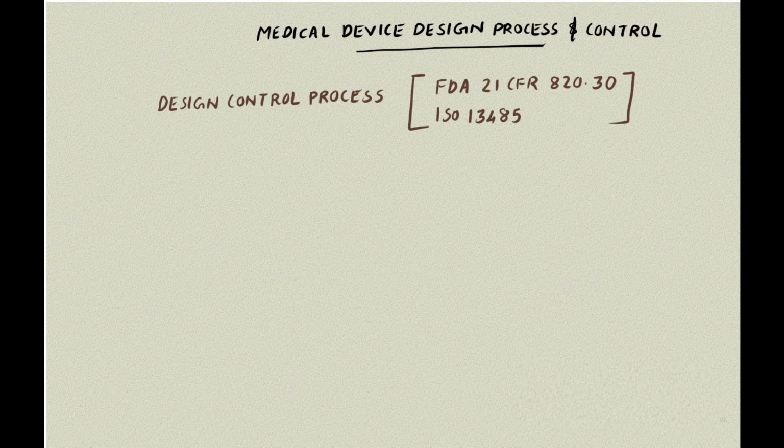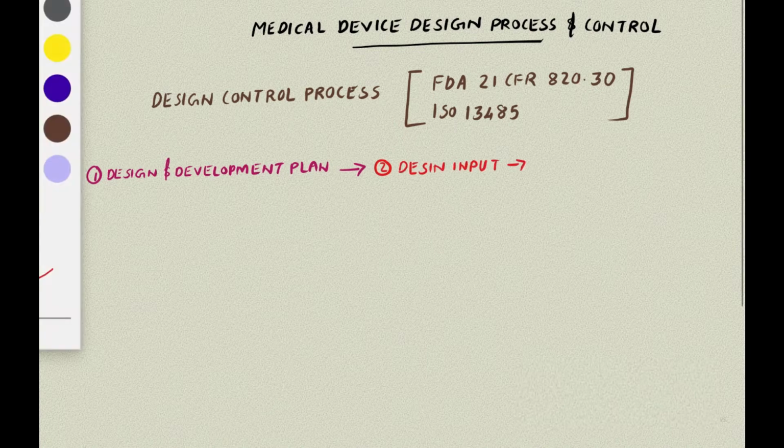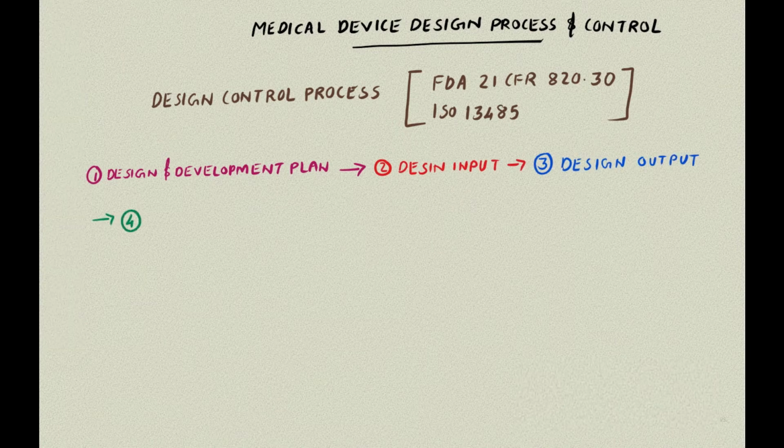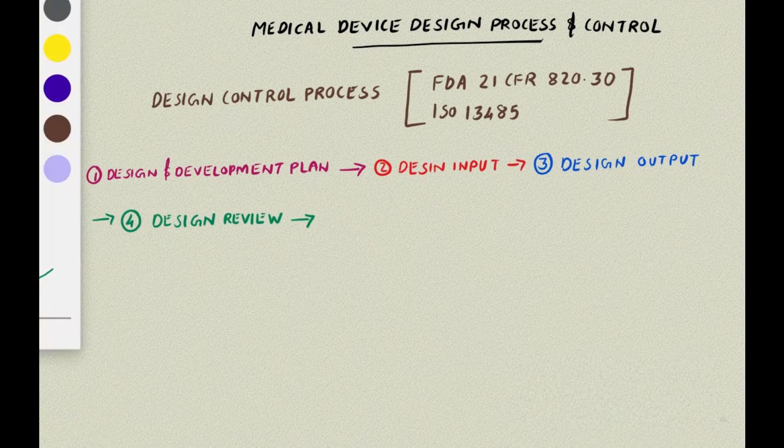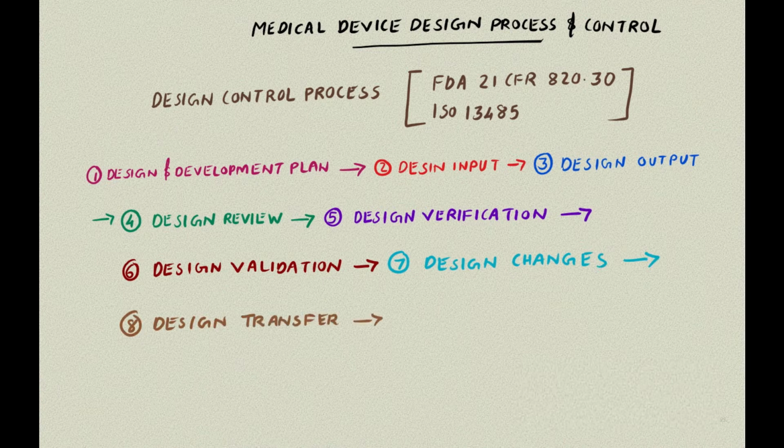The design control process contains 9 different stages. Those are design and development plan, design input, design output, design review, design verification, design validation, design changes, design transfer, and design history file.